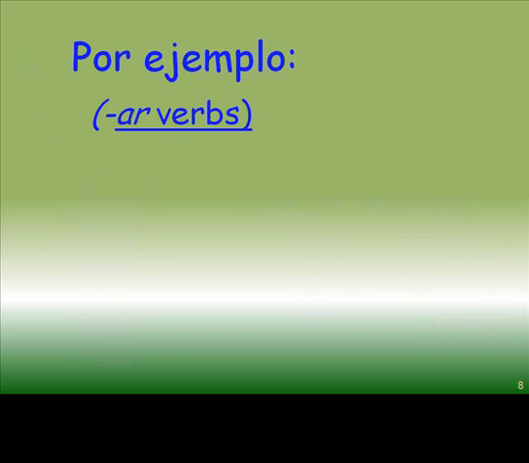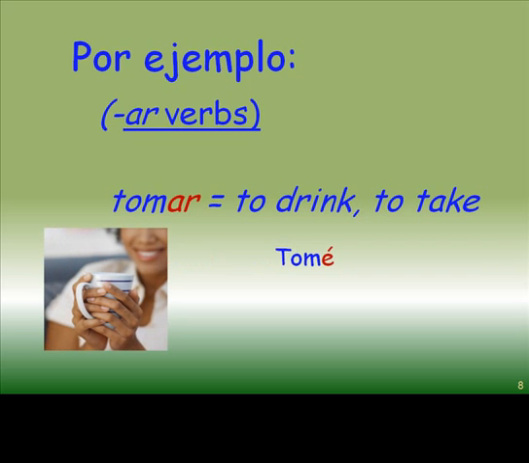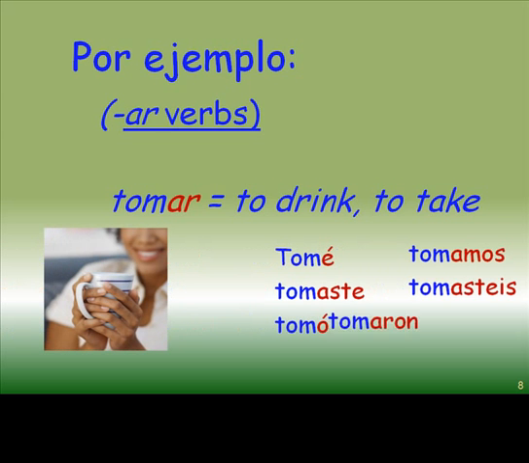Some examples here that we have for AR is tomar, to drink or to take. And here, the context is to drink. So when you're saying I drank in Spanish, it is tomé, tomaste, tomó, tomamos, tomasteis, and tomaron. So you should know by now the subject pronouns that go along with each one of the conjugations.